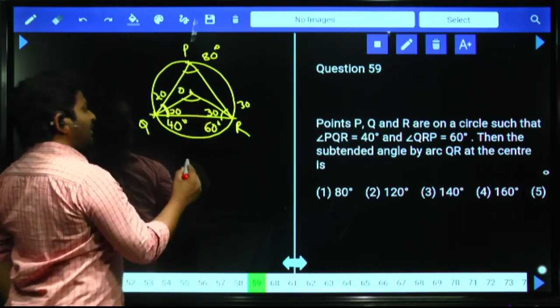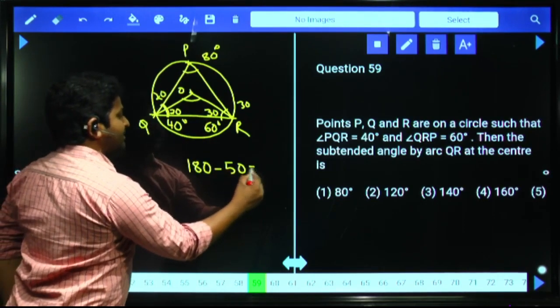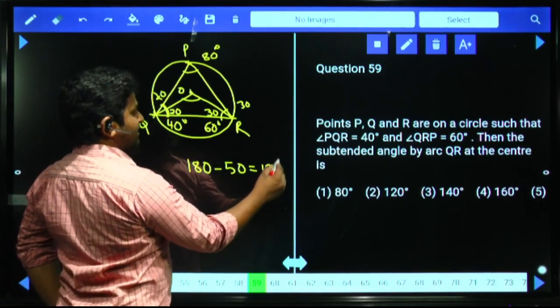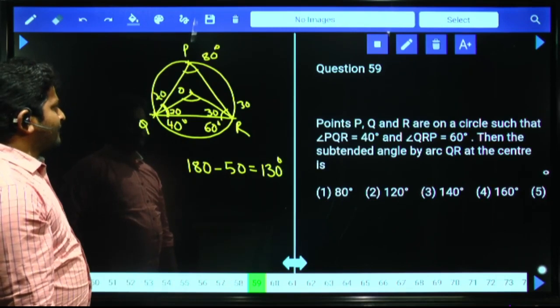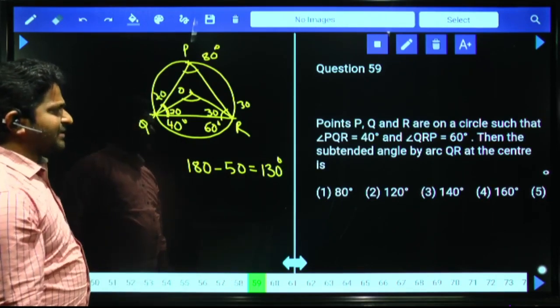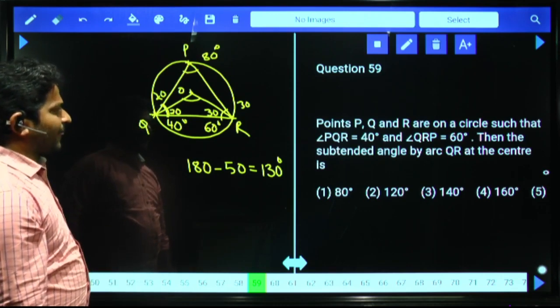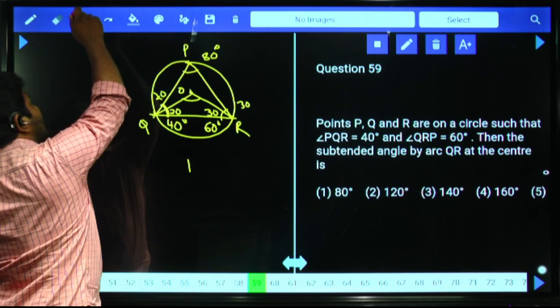Then angle at O is 180 degrees minus 50, which is equal to 130 degrees. 20, 30, 130. It has to be 130, right? No, sorry. You don't have to do that.